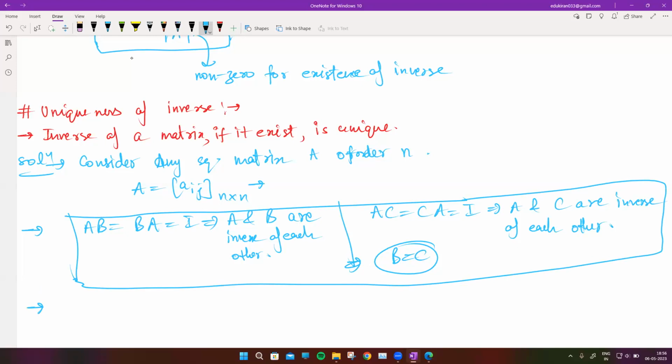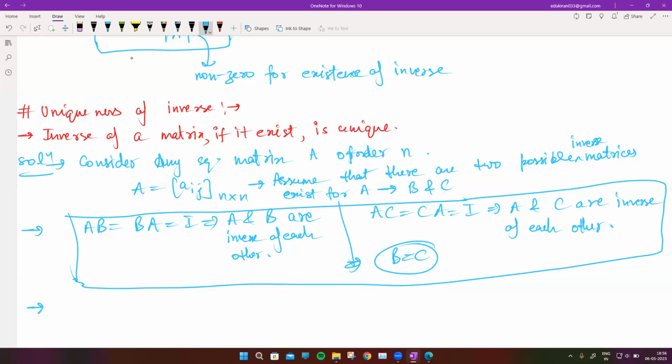Contradiction means that we assume there are two possible inverse matrices that exist for A, and these matrices are B and C.